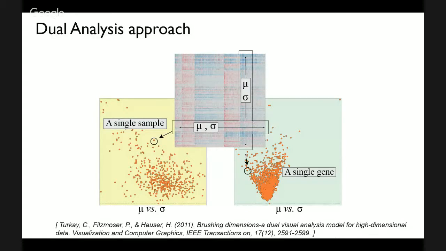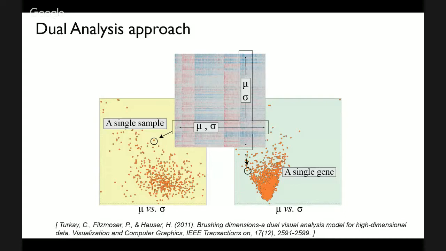So on the left, for simplicity, I'm using mean and standard deviation in this case. On the yellow background, we create a visualization where each dot is a single sample, and we create a mean and standard deviation along each row of this 2D expression matrix. And on the right, with the bluish greenish background, we create statistics for each column, for each gene. So each dot represents a gene in this one.